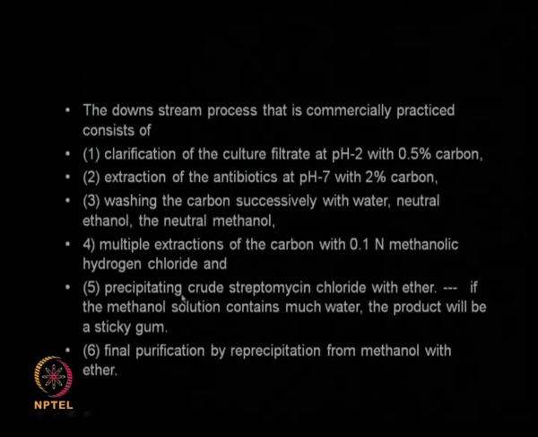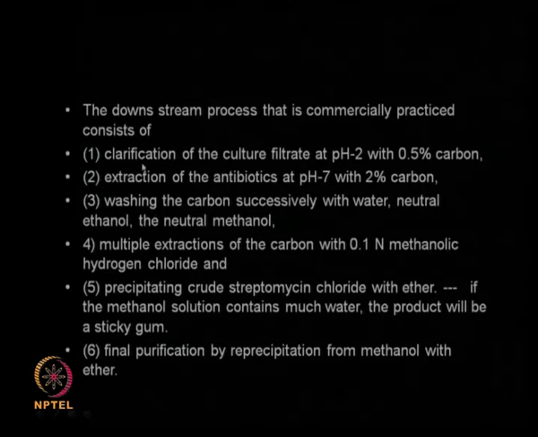Once you do that, you are precipitating the crude streptomycin chloride with ether. If it contains water, it is going to be a sticky gum. So, you need to remove as much water as possible using ether, and finally you are purifying the streptomycin with ether. Okay. So, these are the various downstream steps.